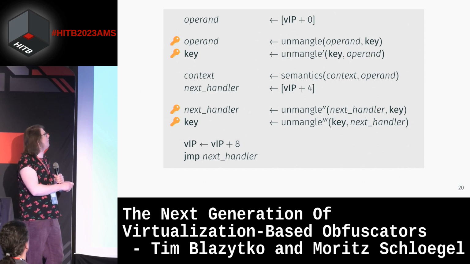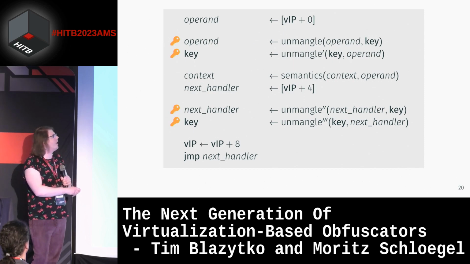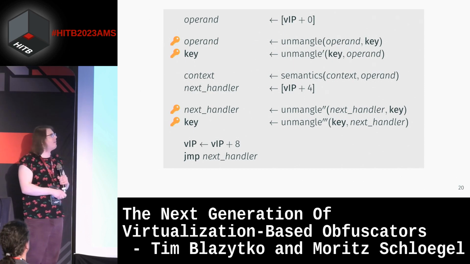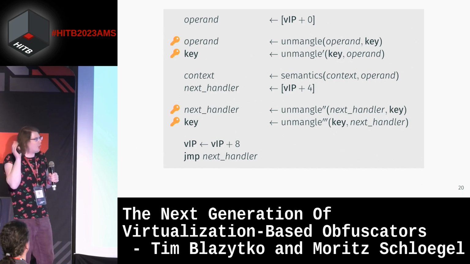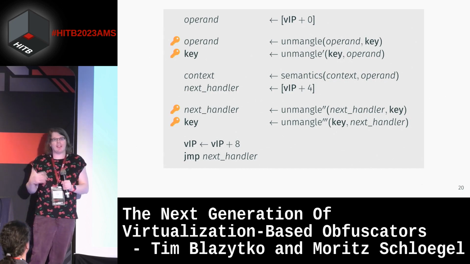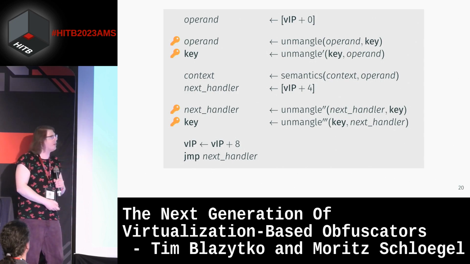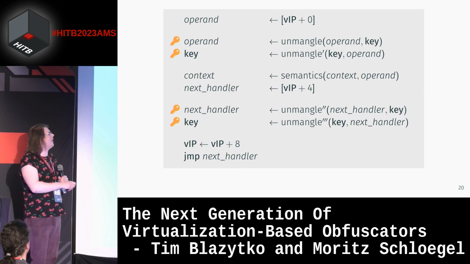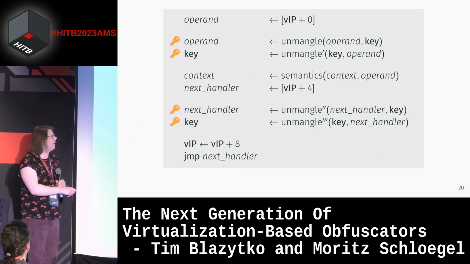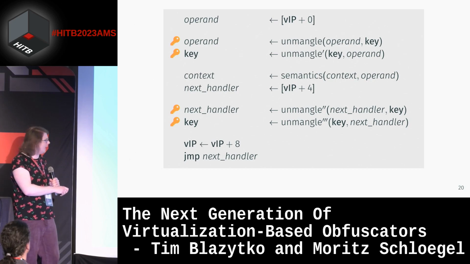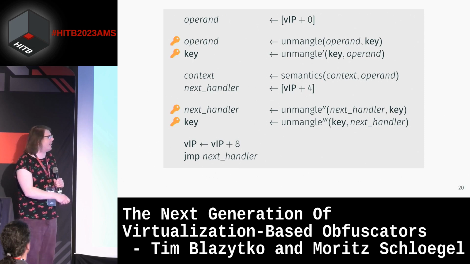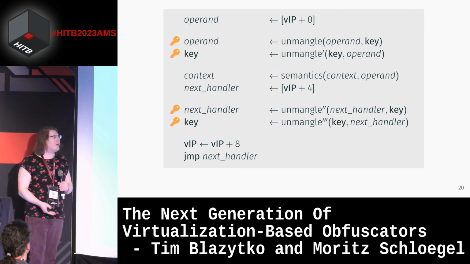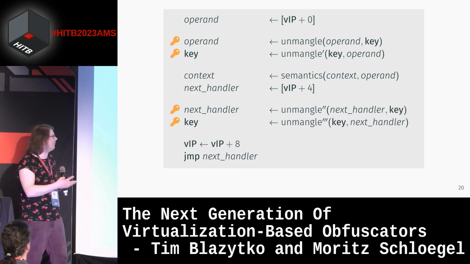So, based on the fetched bytes we read, we do some decryption based on the current key. This decryption is not an AES, it's more an XOR with a constant or something like that. And then we decode the operand here, and this decoded operand is then used to update the key again, and then we use the key to decode the next handler and update the key again. So, therefore, we have some context in the VM execution.